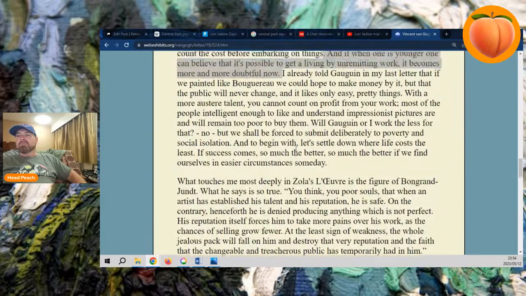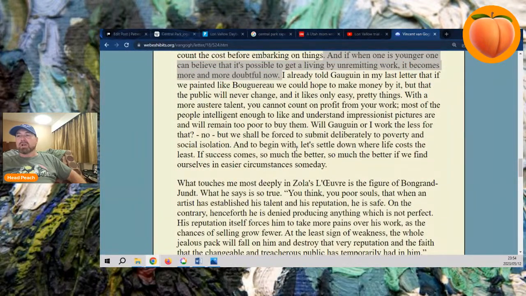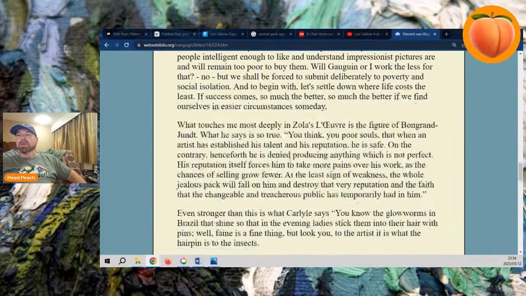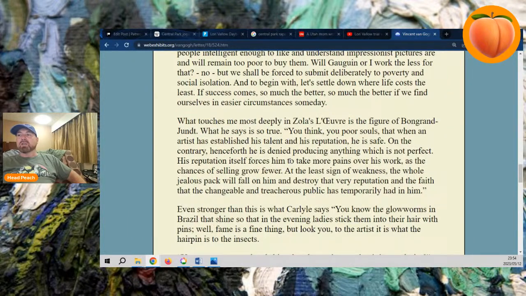I think he's talking about painting models, that both of them could paint models. With a more austere talent, you cannot count on profit from your work. Most of the people intelligent enough to like and understand impressionist pictures are and will remain too poor to buy them. Will Gauguin or I work the less for that? No, but we shall be forced to submit deliberately to poverty and social isolation.